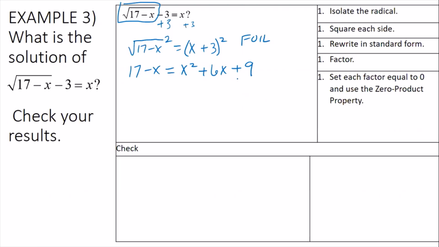When you're writing in standard form, that means that all variables and numbers are on one side and it's equal to 0. So in order for that to happen, I'm going to have to subtract 17 and add x. So now I have 0 equals x squared plus 7x minus 8. And now I'm just going to do some good old-fashioned factoring. What multiplies to give me -8, but adds to give me 7? What are my magic numbers?